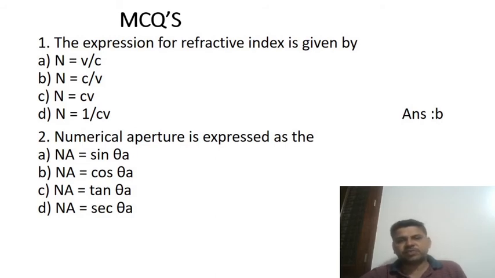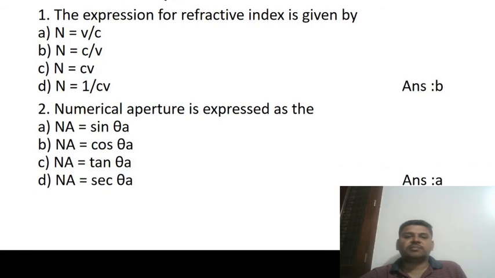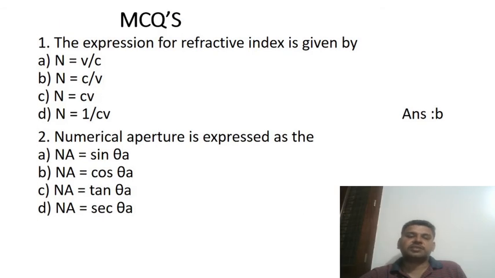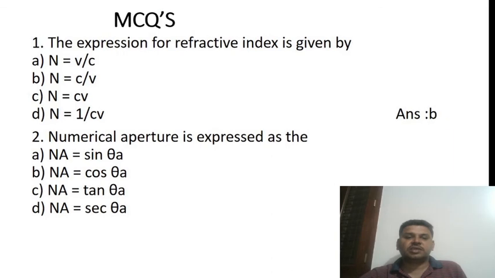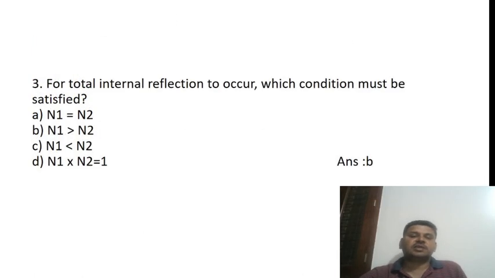The expression for refractive index is given by n equal to c by v, that is, velocity of light in vacuum divided by velocity in the medium. Next, numerical aperture is expressed as sin theta A. Next, for total internal reflection to occur, which condition must be satisfied?